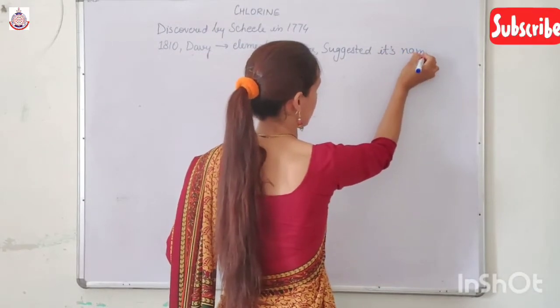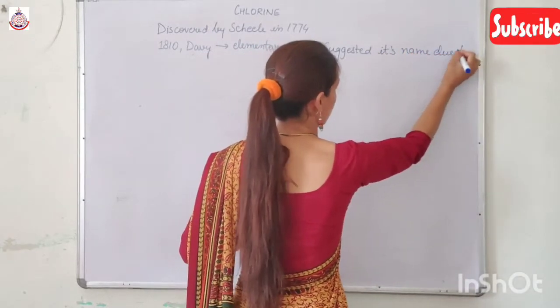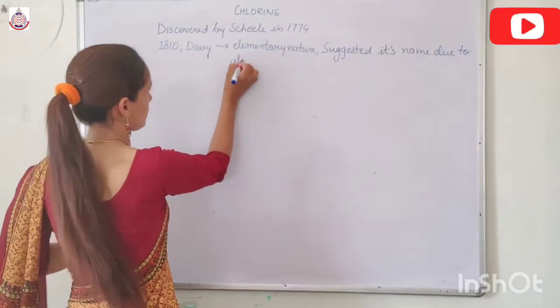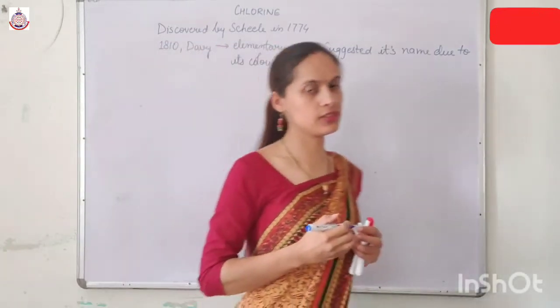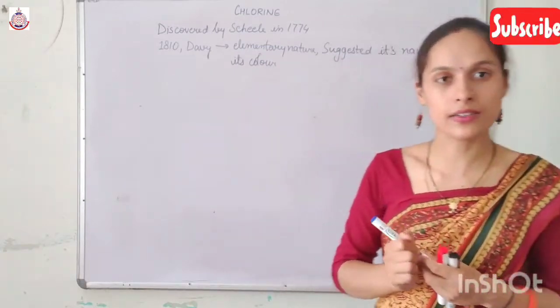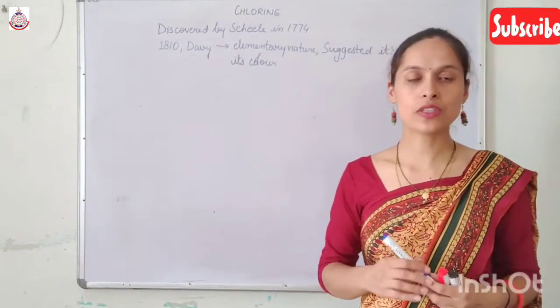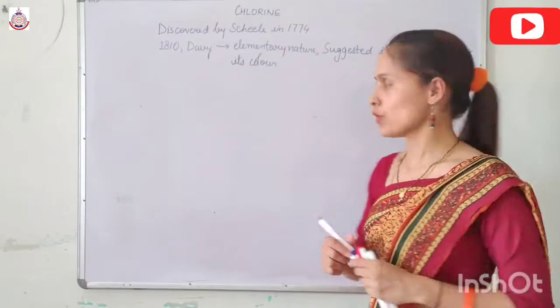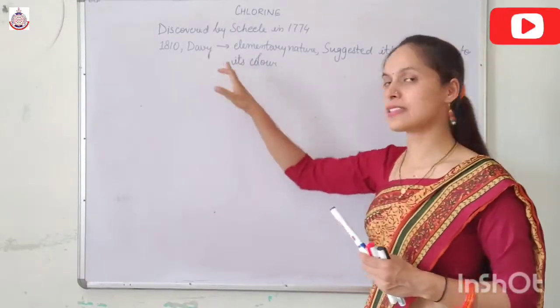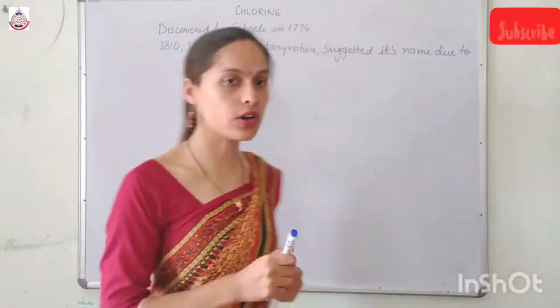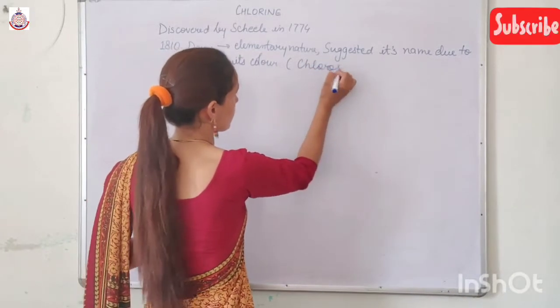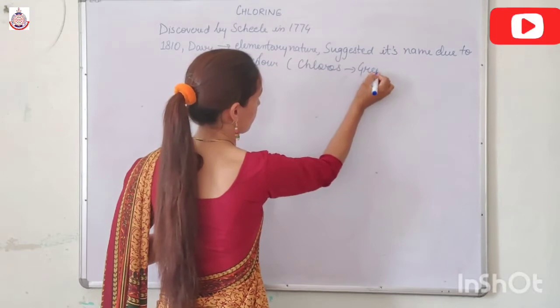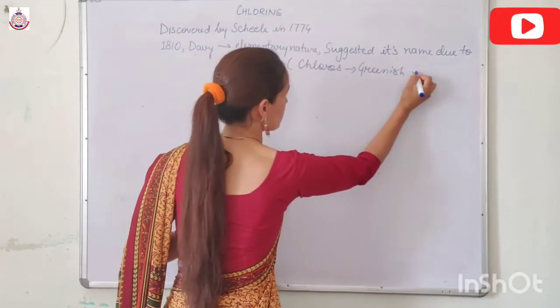He named it chlorine due to its color. In our previous video, we have studied that halogens are colorful, and the color of chlorine is greenish yellow. Because of its color, its name becomes chlorine, because in Greek, chlorus means greenish yellow.